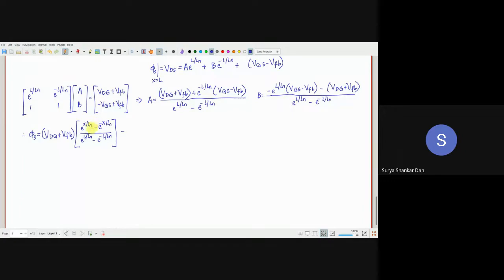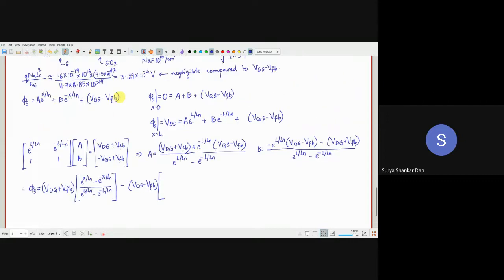So now we will be getting VGS minus VFB, which I'll take outside. So minus this, e to the power of L by ln, and here e to the power of minus x by ln.